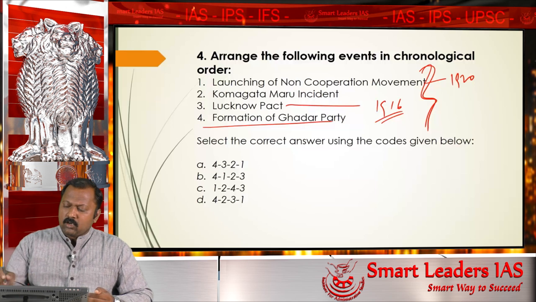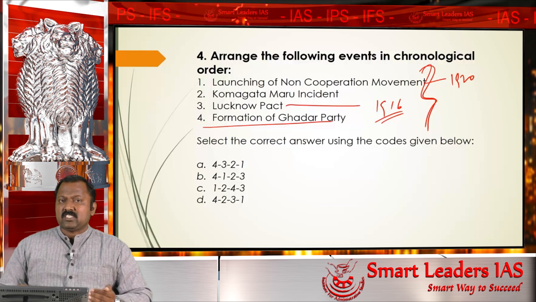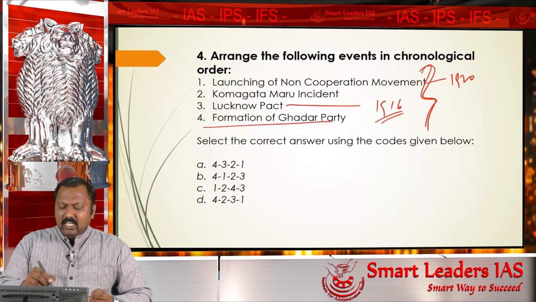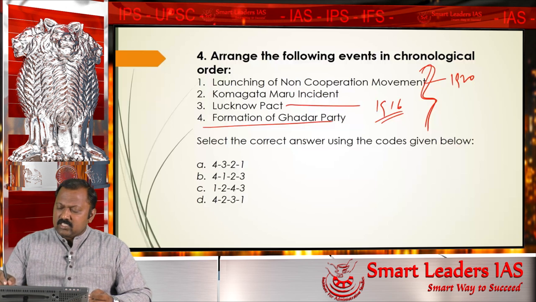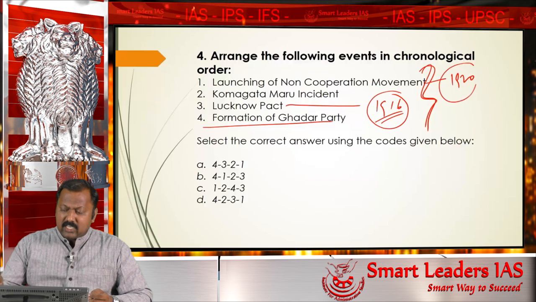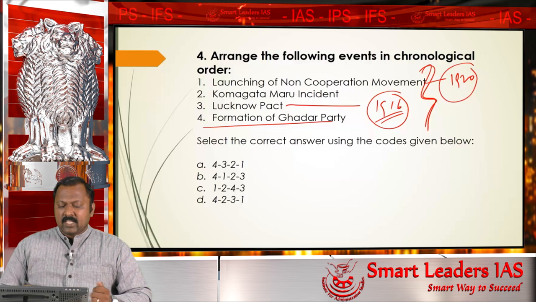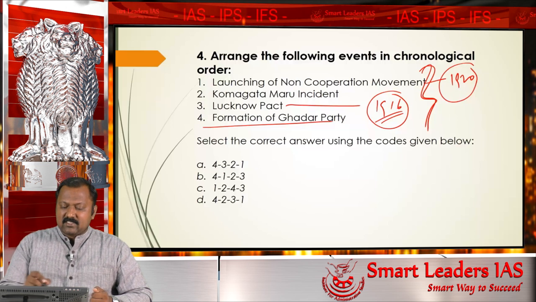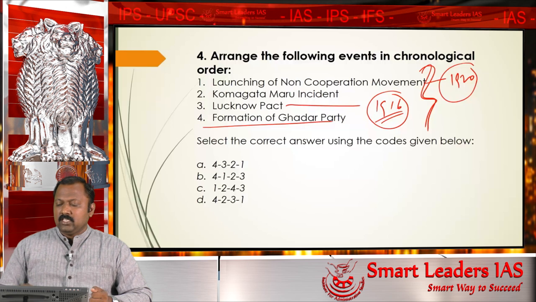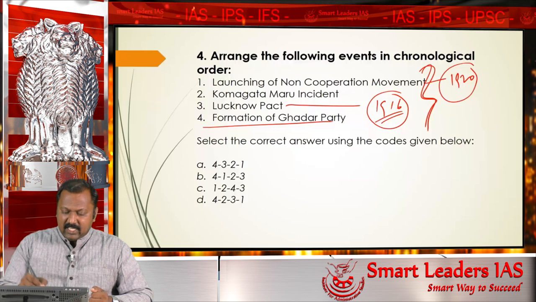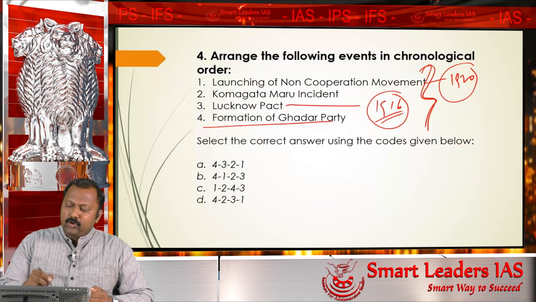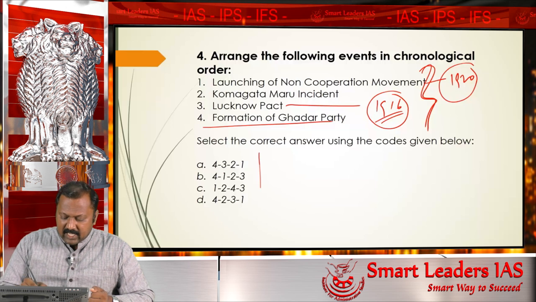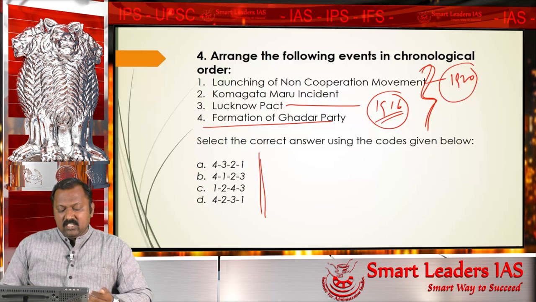According to chronological order, the earliest should come first, the later should come next. I need not know all 4 dates; just by these 2 dates we will shortlist the answer. Lucknow Pact 1916, launching of non-cooperation movement 1920. So in my answer 3 should come before 1. We will see in the answer choices where 3 is before 1.